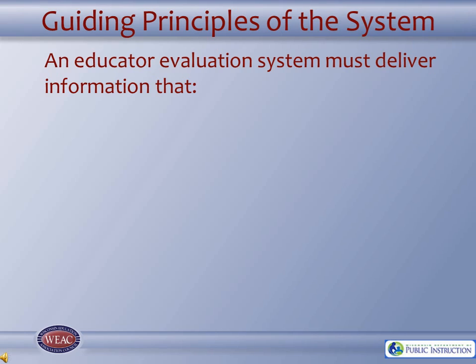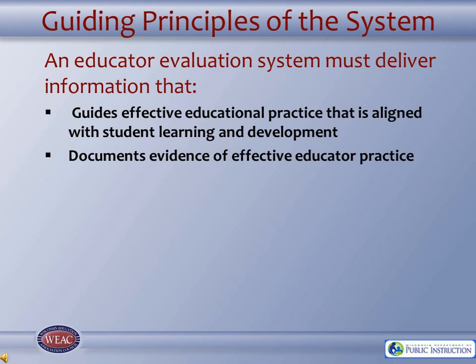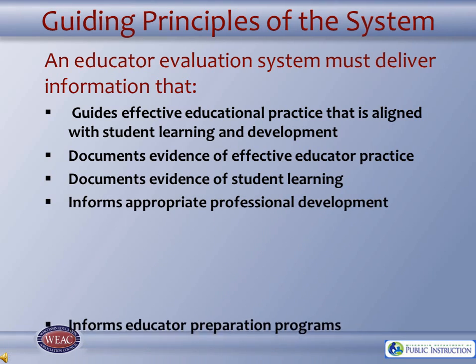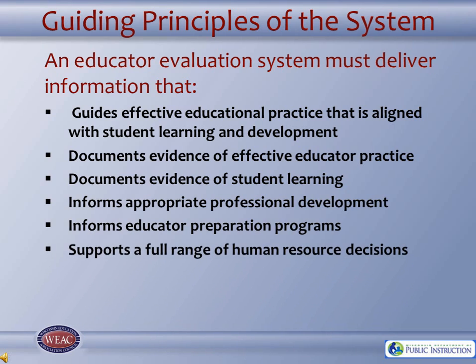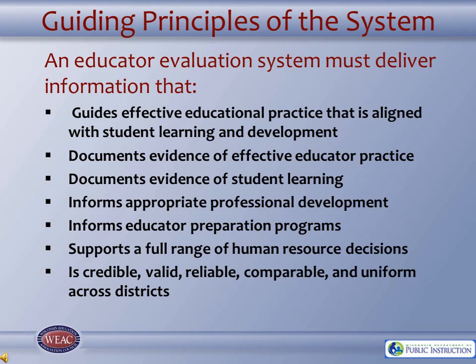An educator evaluation system must deliver information that guides effective educational practice that is aligned with student learning and development, documents evidence of effective educator practice, documents evidence of student learning, informs appropriate professional development, informs educator preparation programs, supports a full range of human resource decisions, and is credible, valid, reliable, comparable, and uniform across districts.